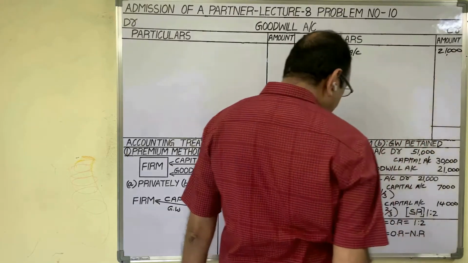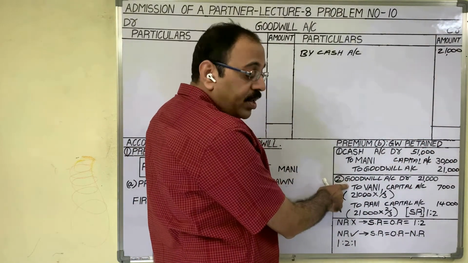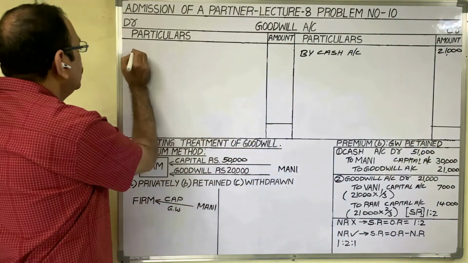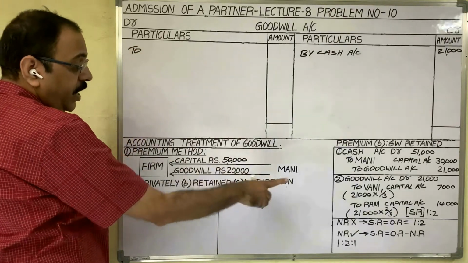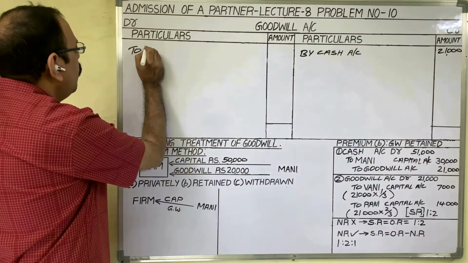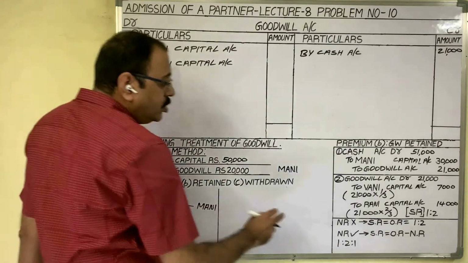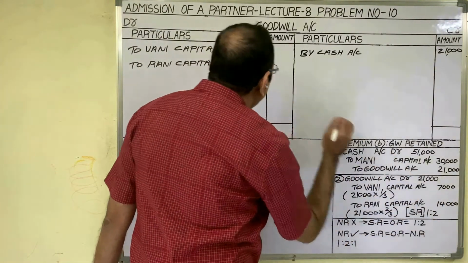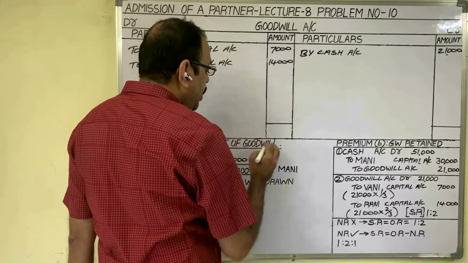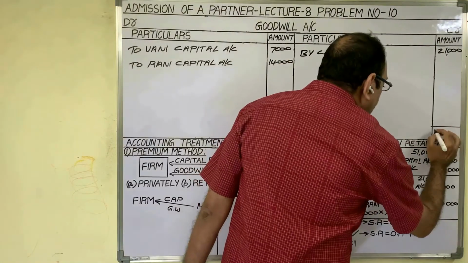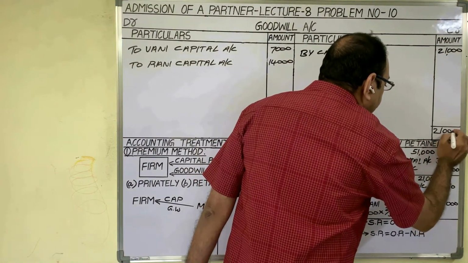Come to second entry. Goodwill account is debited. So debit side we have to post. What to write? Credit accounts names. To Vani capital account, to Rani capital account. Amounts are 7,000 and 14,000 rupees. Posting is completed. Put the totals. Two sides totals are same.